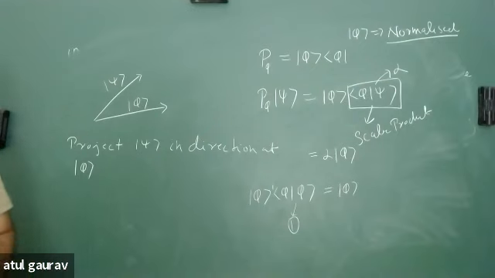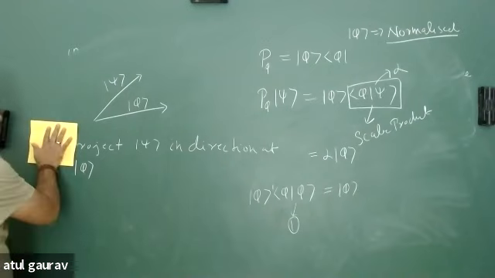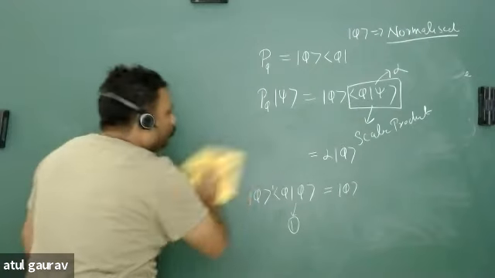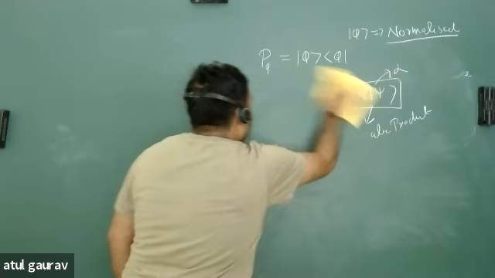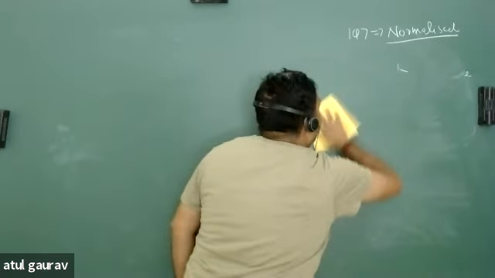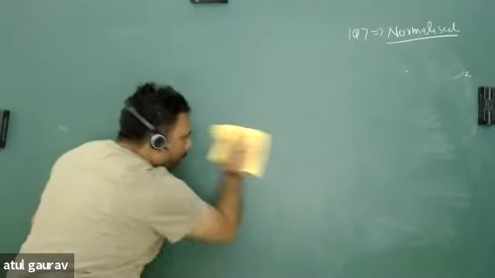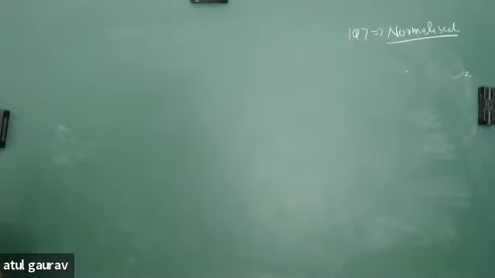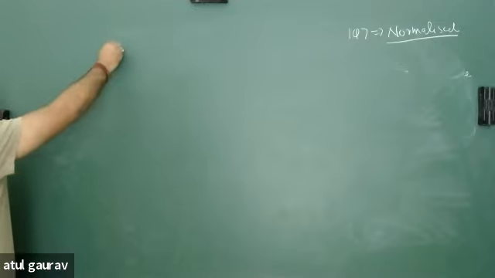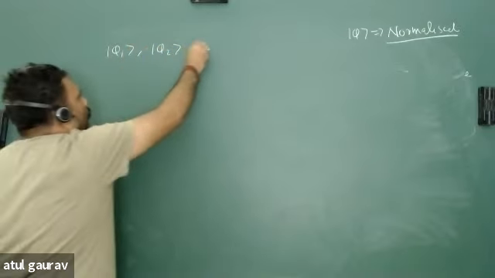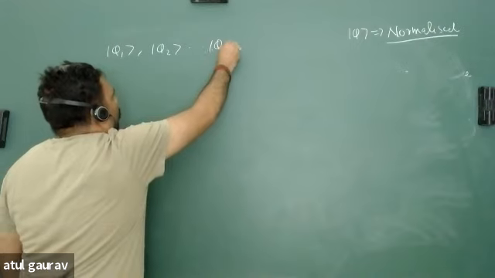Okay, so let's go to the next particular thing, that is the completeness relation. This is one of the most interesting things in quantum mechanics, and why we are taking this completeness relation is very important. Suppose I have n number of vectors, let's say phi 1, phi 2, up to phi n.